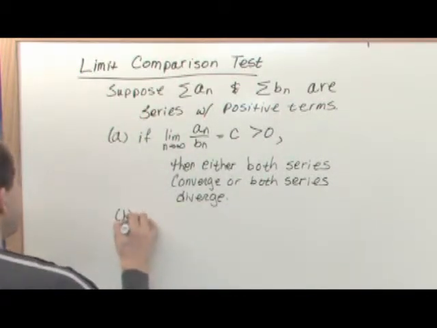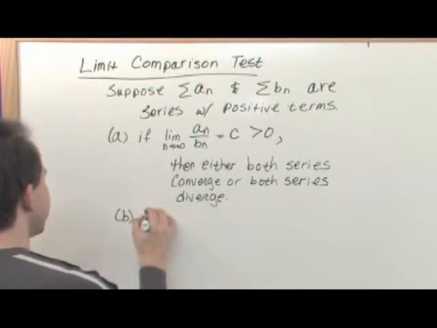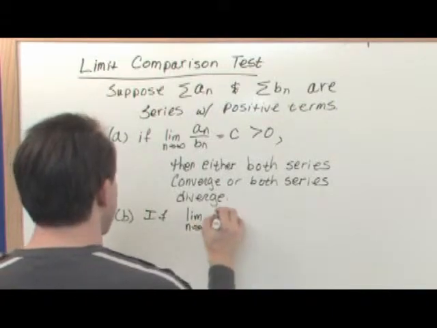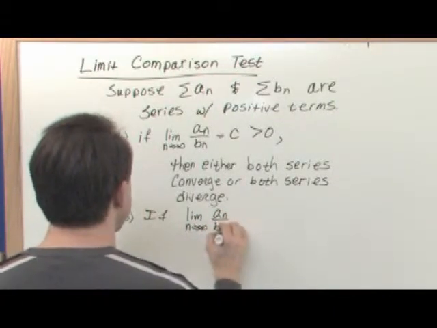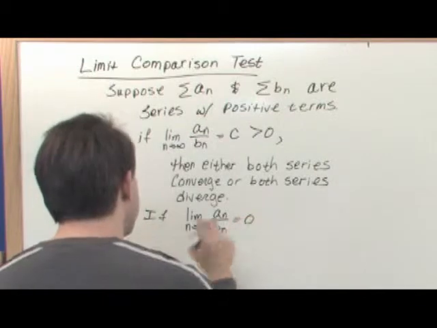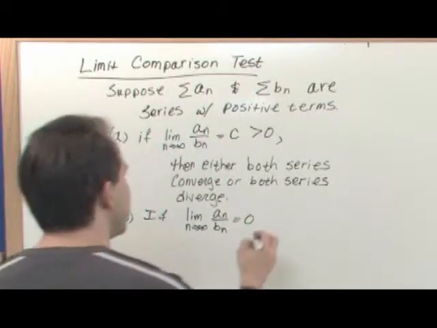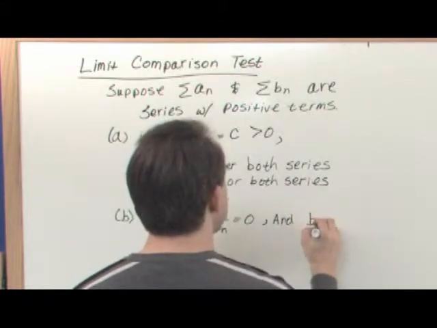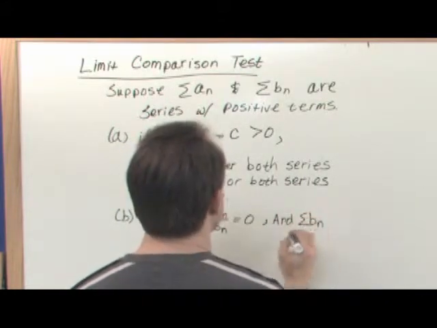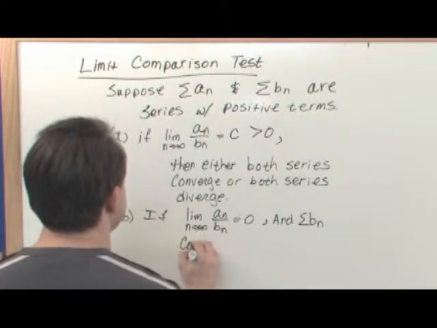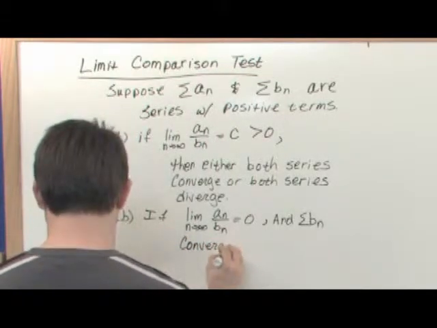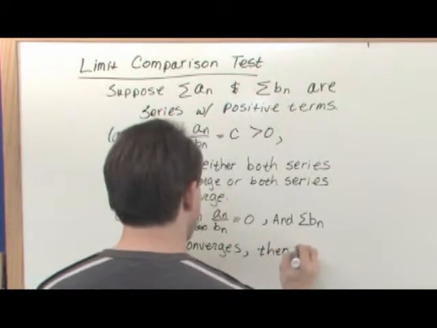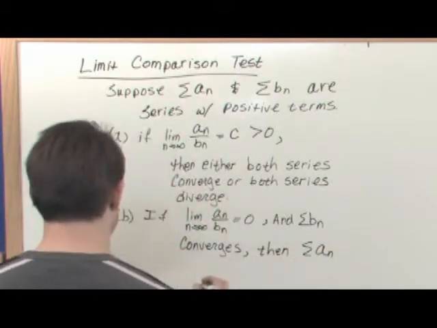Now over to part B, okay? If the limit as n approaches infinity of a sub n over b sub n is equal to exactly 0, and b sub n converges, then a sub n also converges.